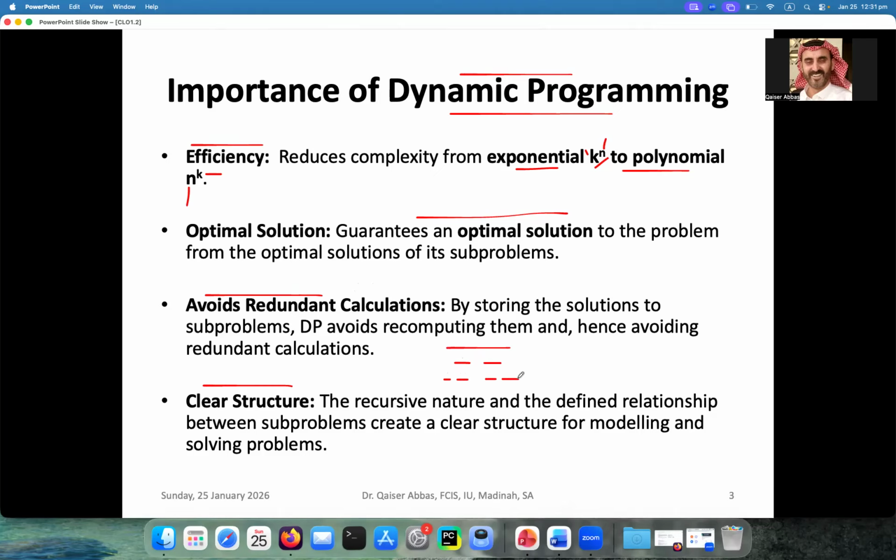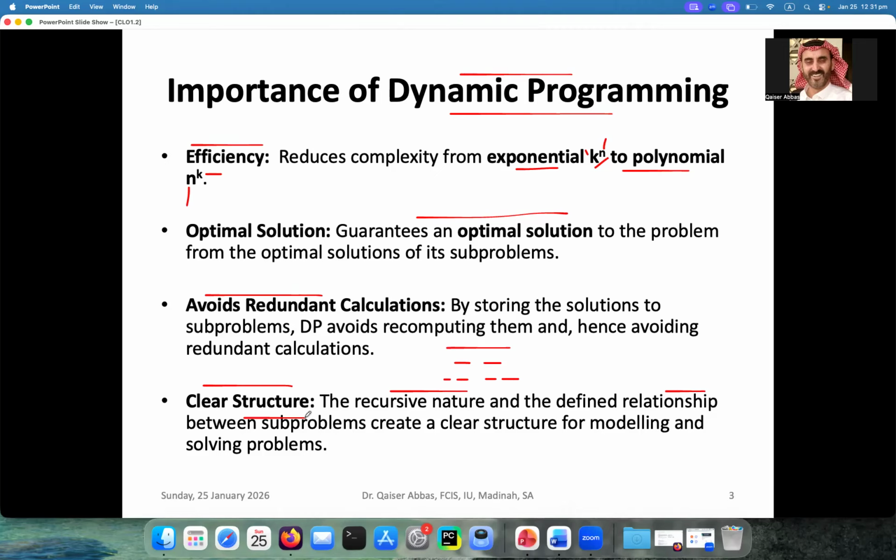So there is a relationship between the subproblems. This recursive nature and this relationship between the subproblems normally provide a clear structure for modeling and designing algorithms for solving problems.